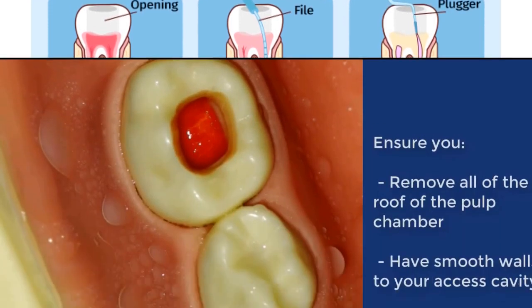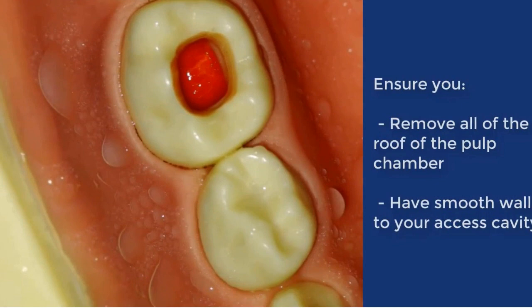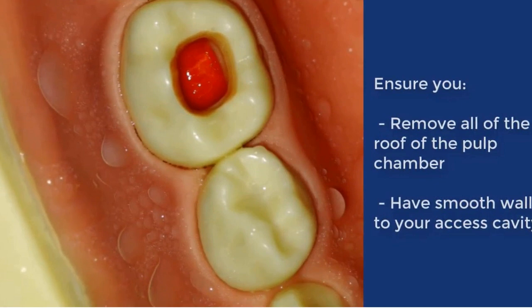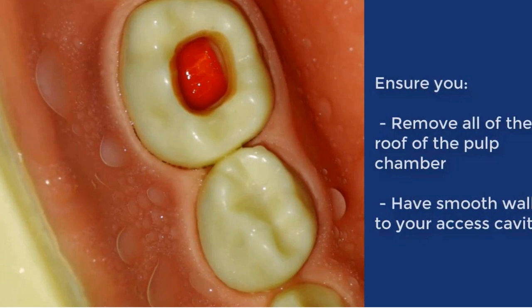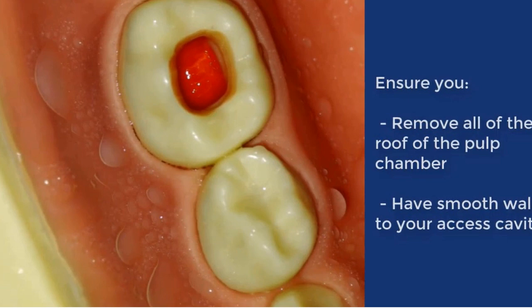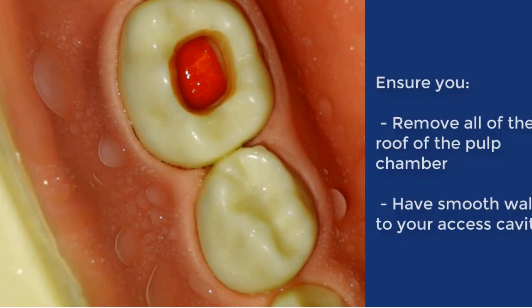So as you can see, for the pulpotomy procedure, make sure that the roof of the pulp chamber is all removed, meaning that the coronal portion of the pulp is removed, and you need to have a smooth wall to your access cavity. It is very important. So you need to do a good de-roofing, but of course not with the safe-ended burr.